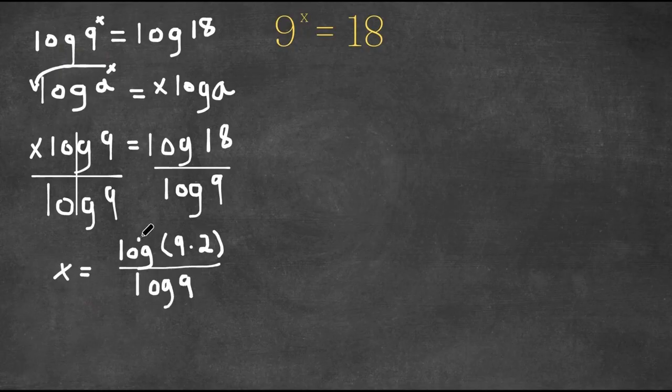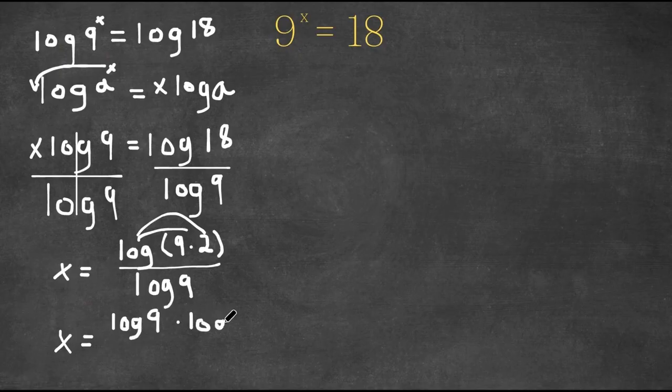And now if I distribute the log to both of these terms in the parentheses, we get x is equal to log 9 plus log 2, and we are still dividing this by log 9. And sorry, this is actually a plus.